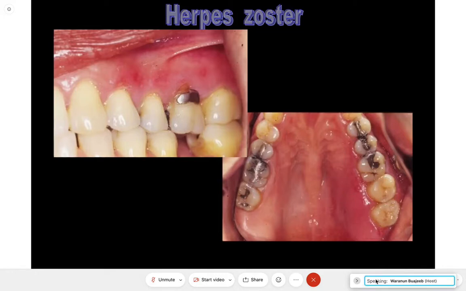So it is our responsibility, whenever patients have oral lesions, with or without skin lesions, to be able to diagnose whether it's herpes zoster, because correct diagnosis will lead to correct treatment.